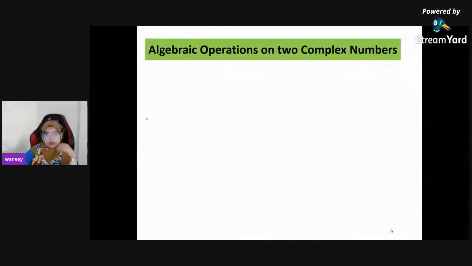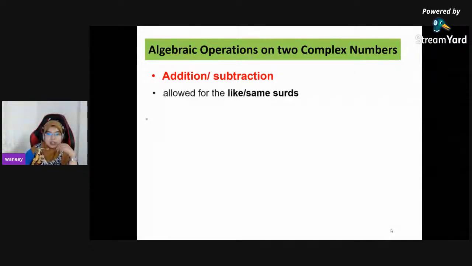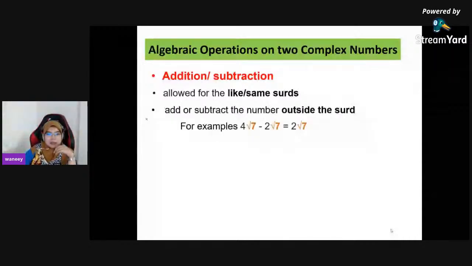Algebraic operations on two surds. We can do addition or subtraction. This is allowed for the same surd. If we have root 2 and root 2, we can add them or subtract them, by adding or subtracting the numbers outside of the surd. For example, 4 root 7 minus 2 root 7.